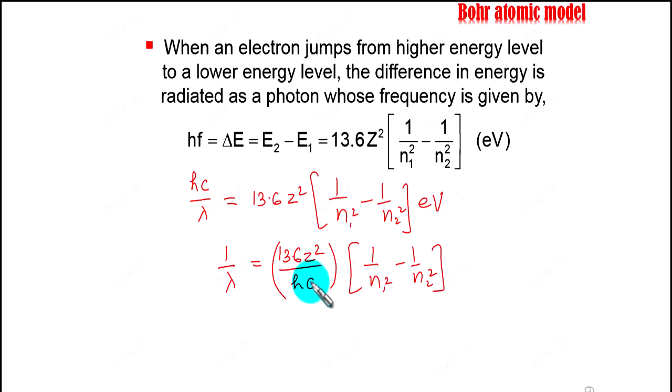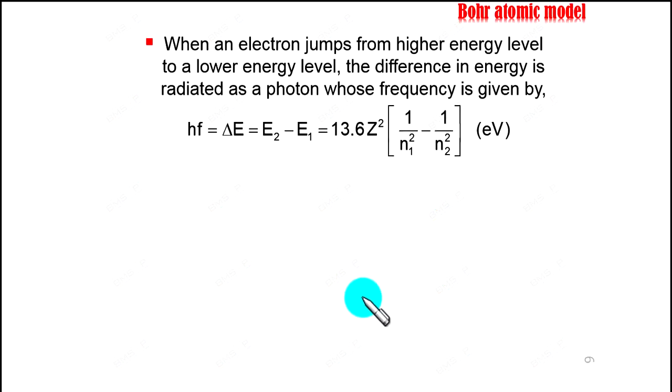And we know this hc is a fixed value, h is the Planck constant, c is the velocity of light, and Z is a value for any hydrogen-like atom, right? So, we need not calculate this value, that is 13.6 divided by hc, always, and this value has a fixed result, and this is called the Rydberg constant.